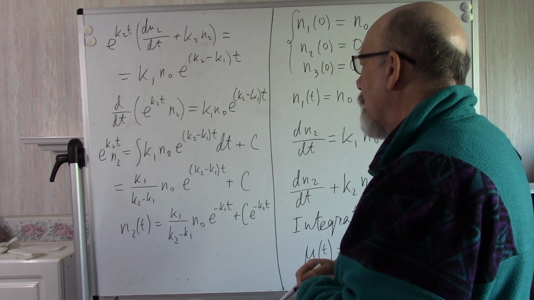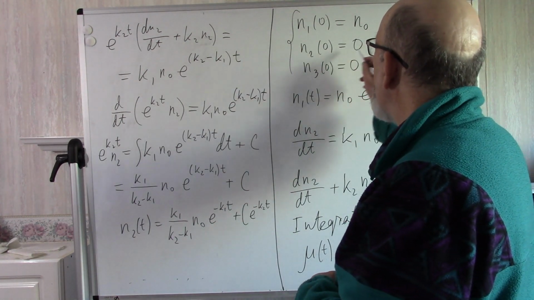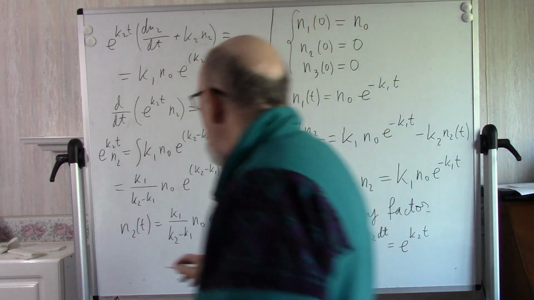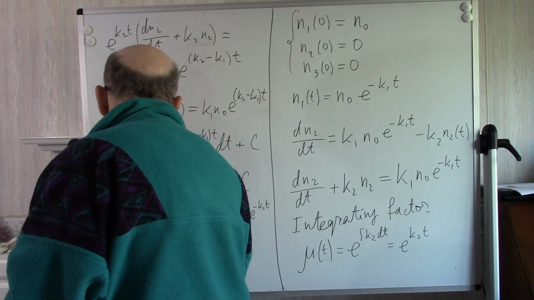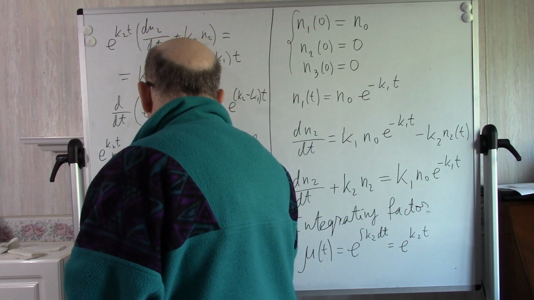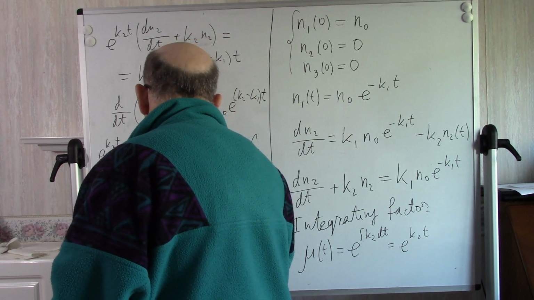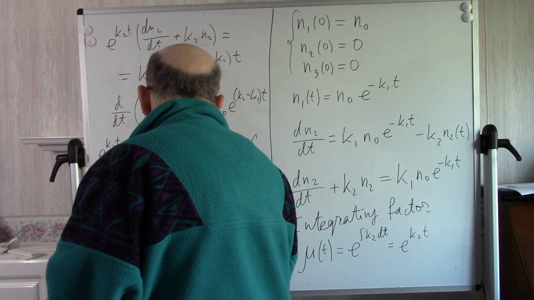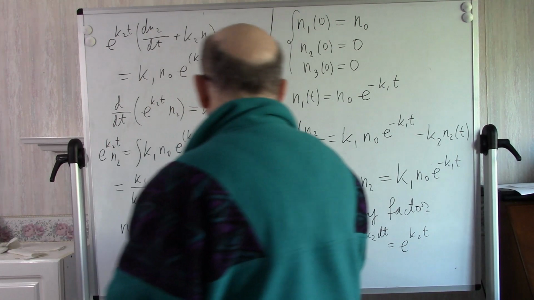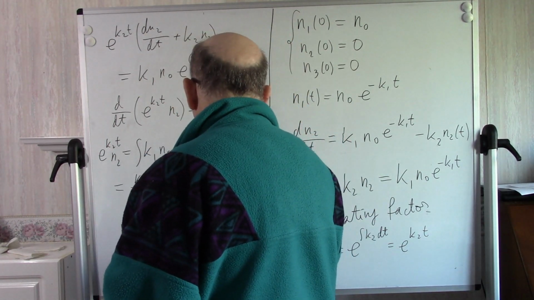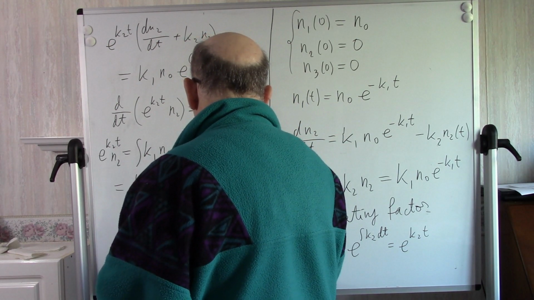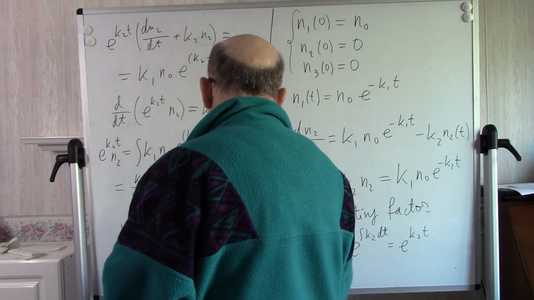Now we have to satisfy the initial condition that at 0 it is equal to 0. So N2(0) equals k1 N0 over (k2 minus k1) plus C, and this should be equal to 0.